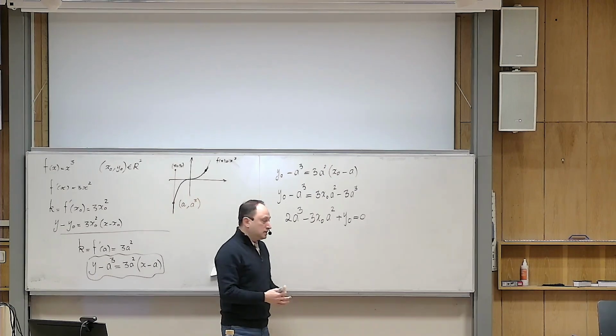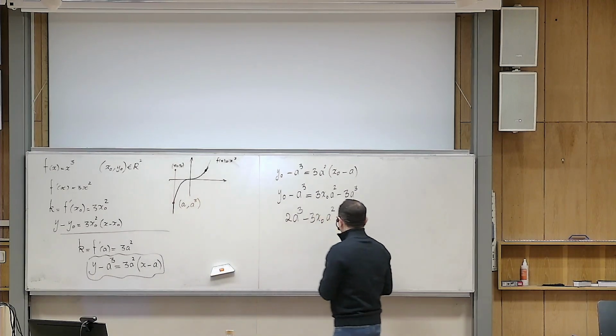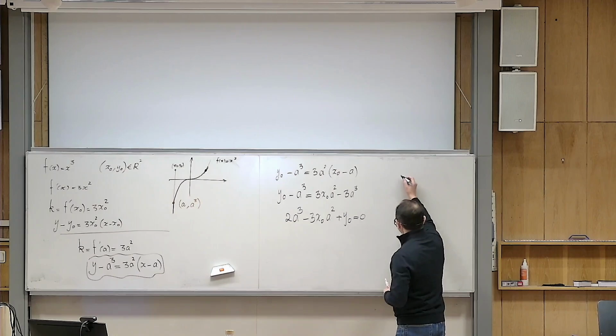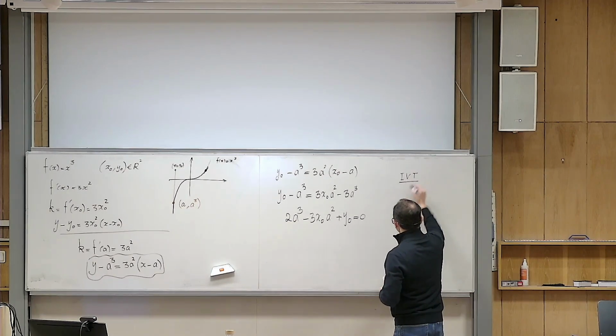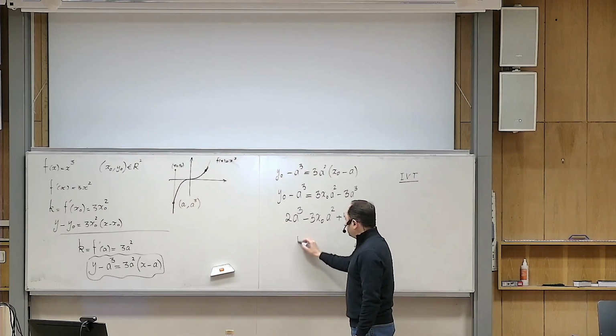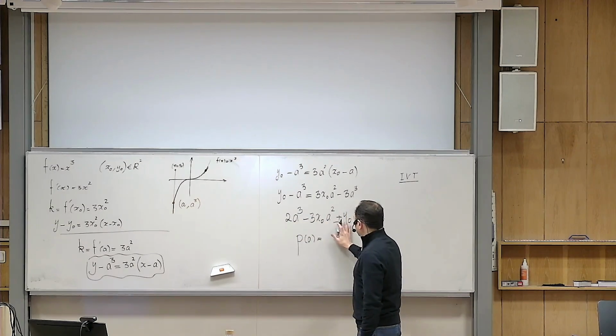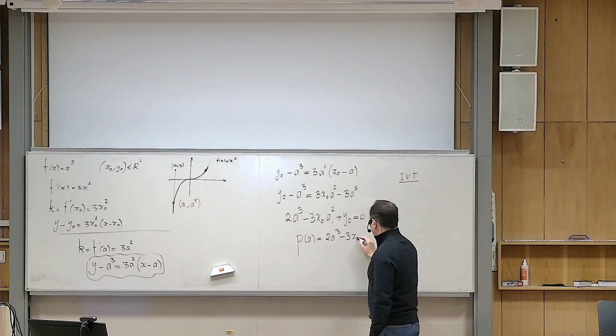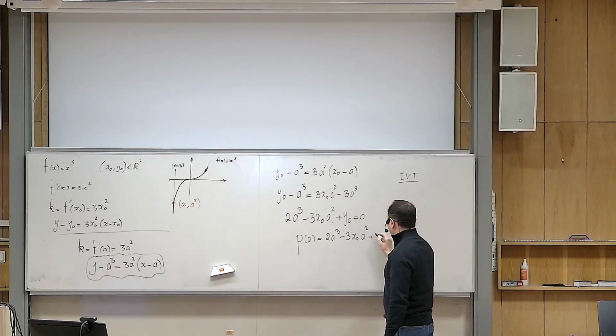And in this case, I want to use the intermediate value theorem. So let me write it for short, intermediate value theorem. How? I define a polynomial, p of a, being this expression: 2a cubed minus 3x node a squared plus y node.